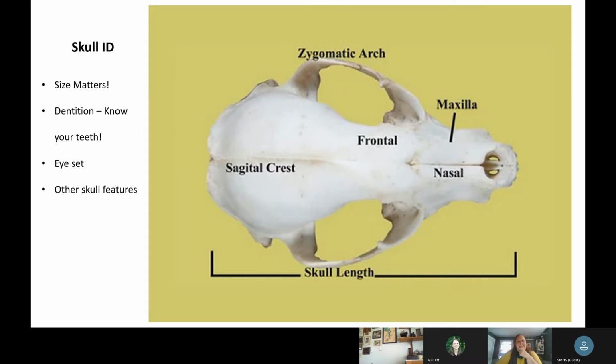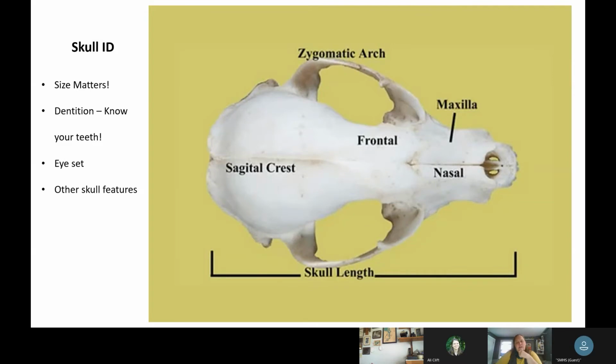But again, one of the funnest things to do, personally, is the skull ID portion. I just have a few slides here to go over some of the structures we'd be looking at on these skulls to determine what species they're from.